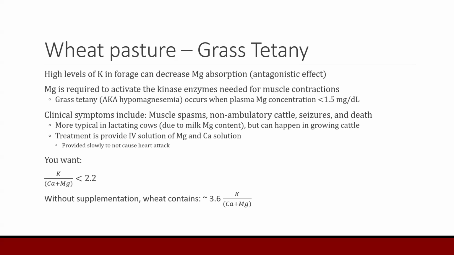We have an animal that gets grass tetany. What can we do? Typically, we'll give an IV, so direct drip into the jugular vein, okay, with a magnesium and calcium solution. We need to do this slowly. If you infuse it too quickly and the heart gets a big slug of calcium and magnesium, it can cause a heart attack.